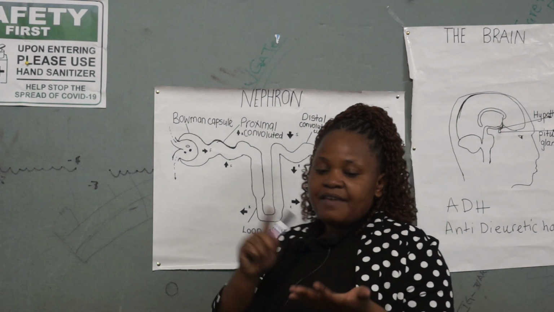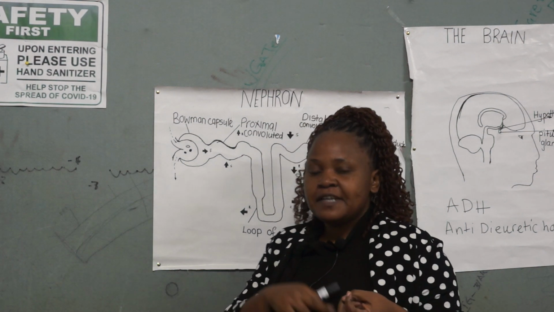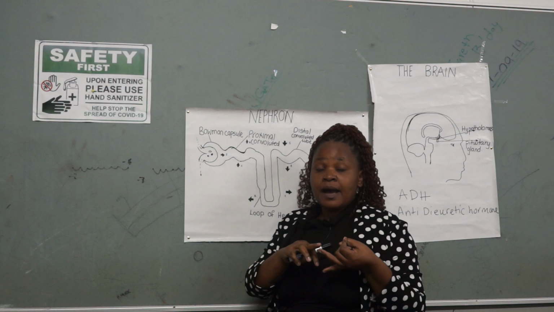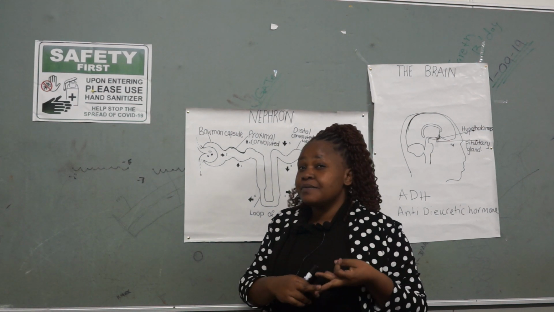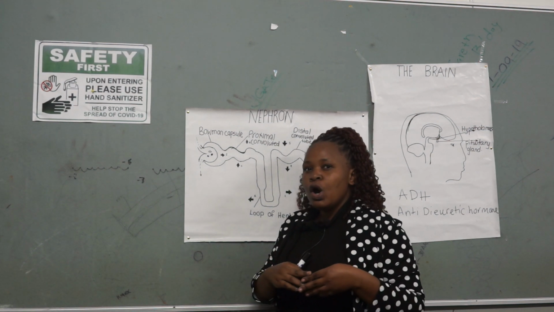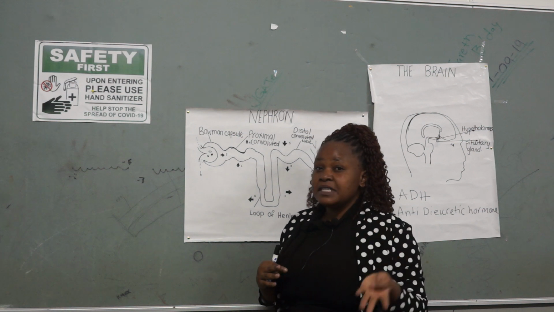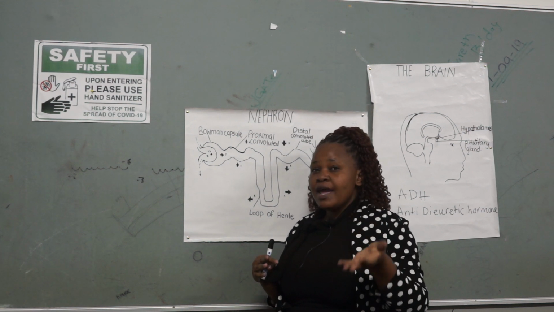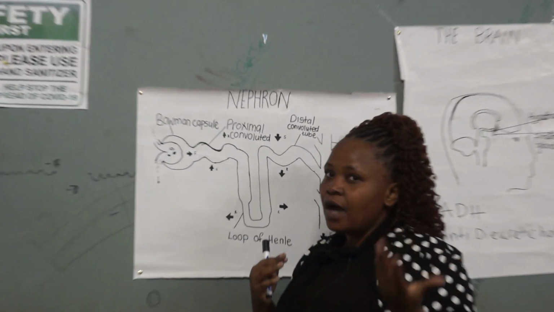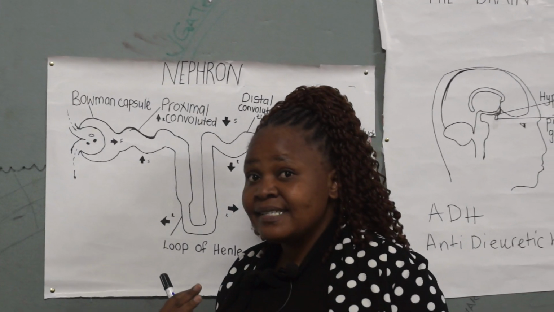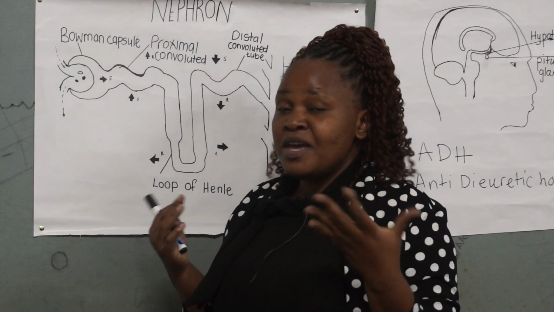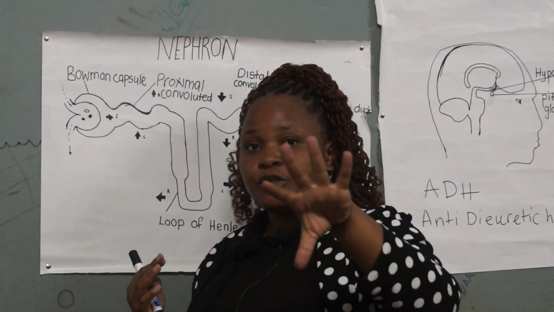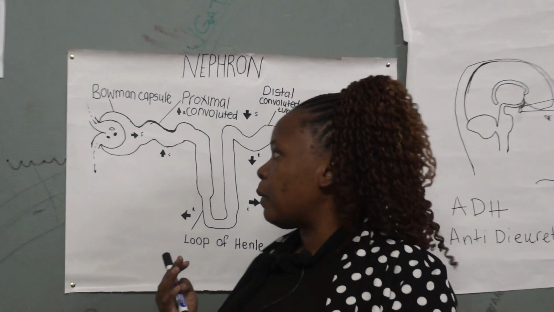We have water, white and red blood cells, hormones, dissolved minerals, and enzymes in the blood, just to mention a few.